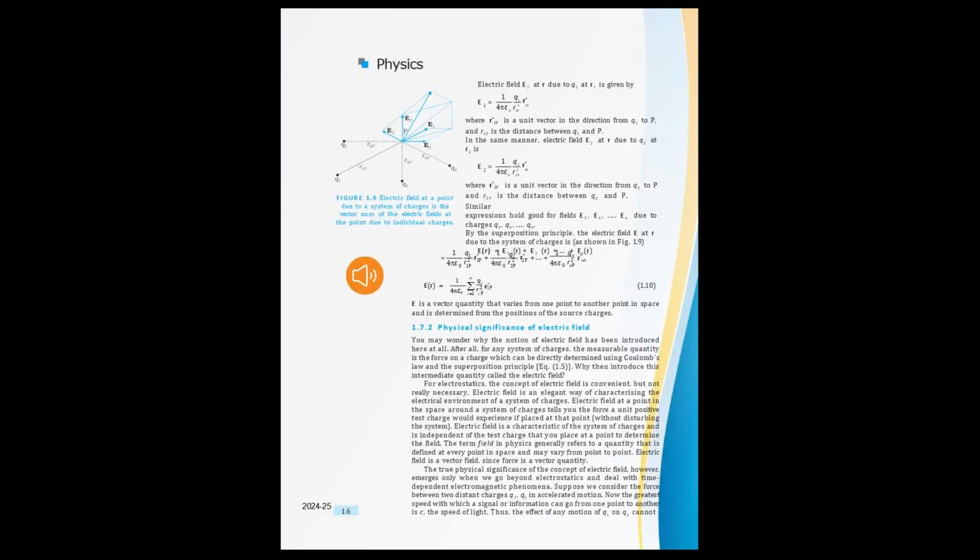So E of r is equal to 1 by 4 pi epsilon naught, summation i equal to 1 to n, qi by rip square into rip cap. E is a vector quantity that varies from one point to another point in space and is determined from the positions of the source charges.